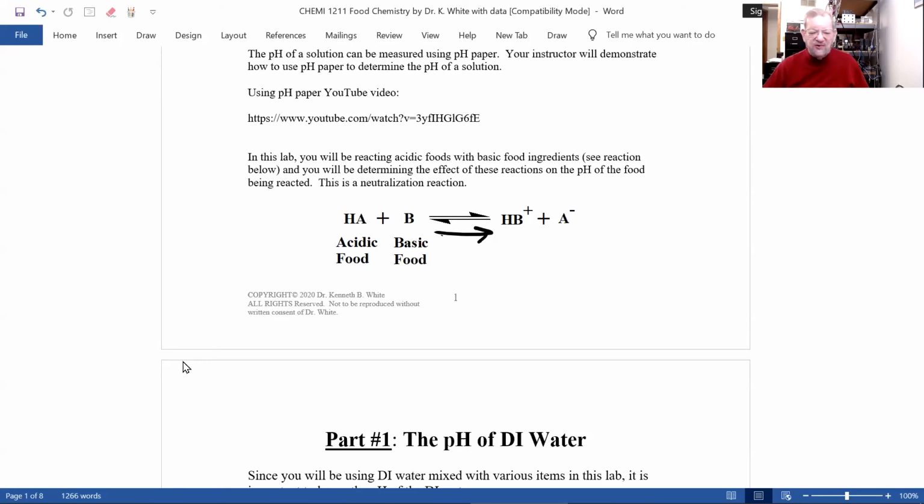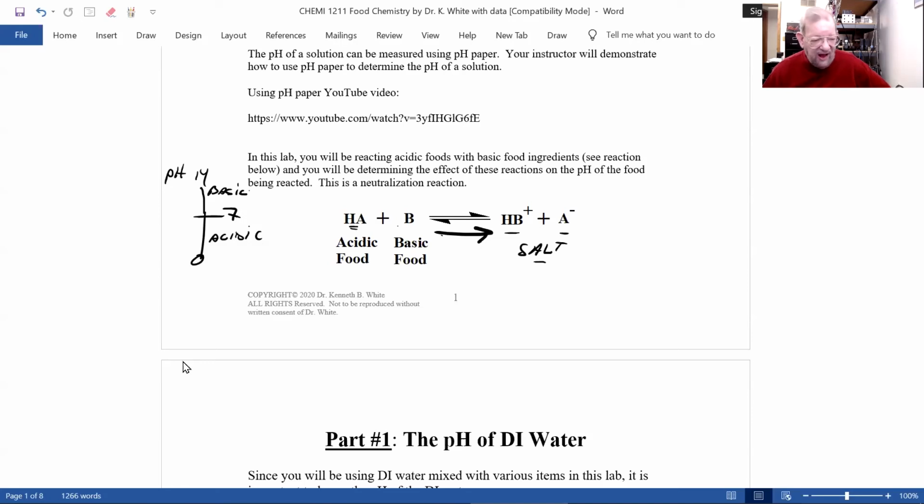And what happens is you get this and this, which is really together a salt. When you react an acid with a base, you're removing some of the acid.